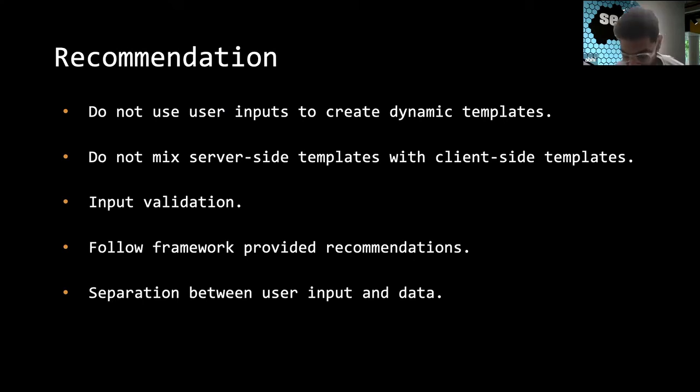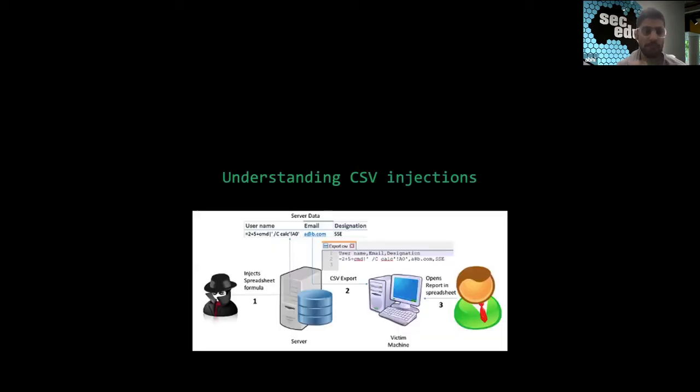Quite often when I'm testing for vulnerabilities, if you have a lot of templates in your website, it is very easy to mix server-side templates with client-side templates, and that way your templating engine doesn't work properly, or you might run into errors and suddenly be forced to change your entire architecture. So please follow the framework recommendations, and look at the version of the template framework that you're currently using. This takes me to the next vulnerability, which is called CSV injection.